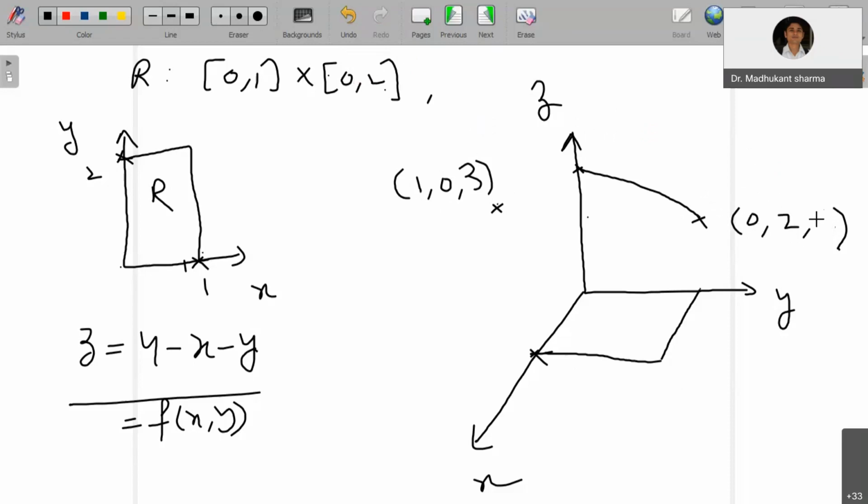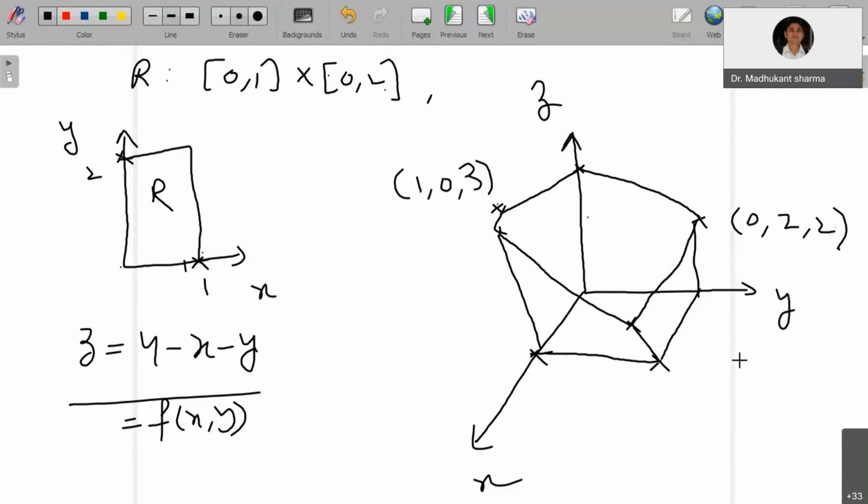Along this you have something like this. Here you can also find the points of intersection. Now this is a plane, so you can join these points, and it will generate a solid.